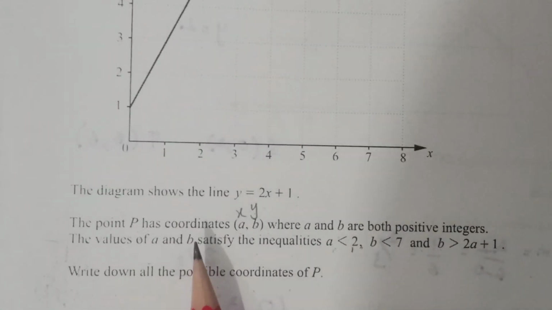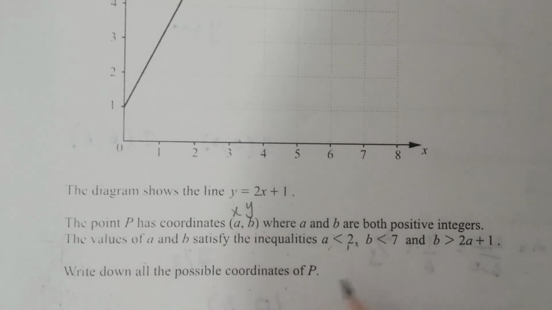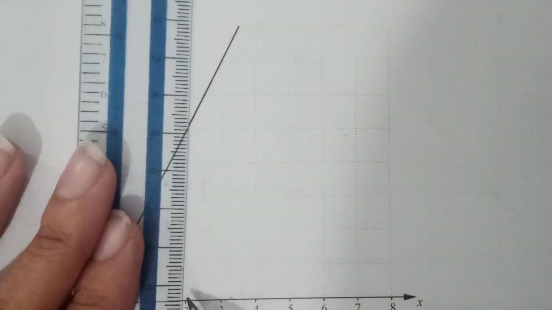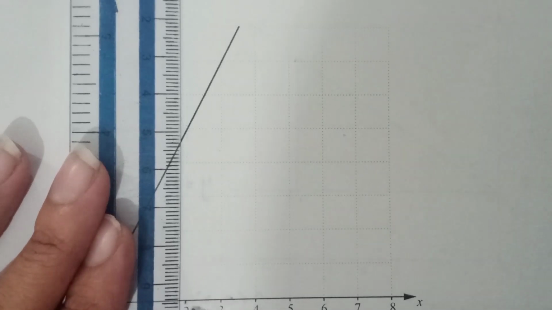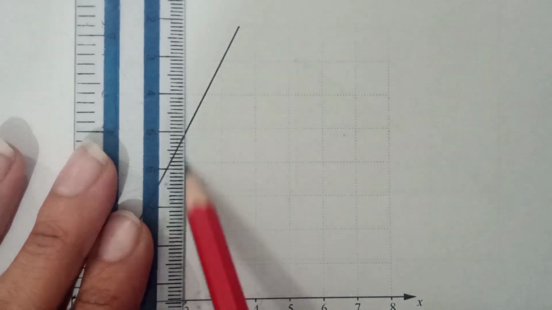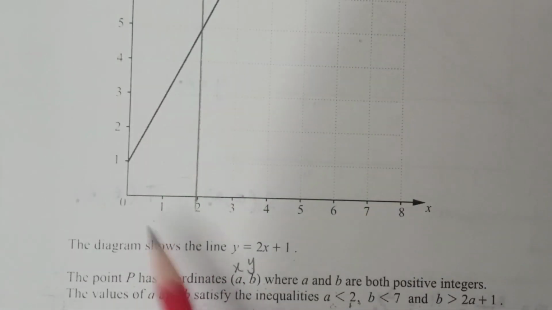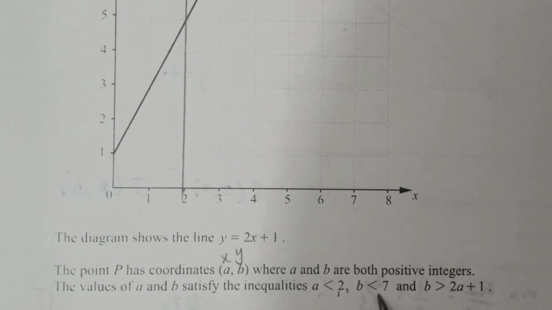Now students, first we have to mention that a is less than 2. It means the point a is here, and this is the side which is less than a. Now, b is less than 7.